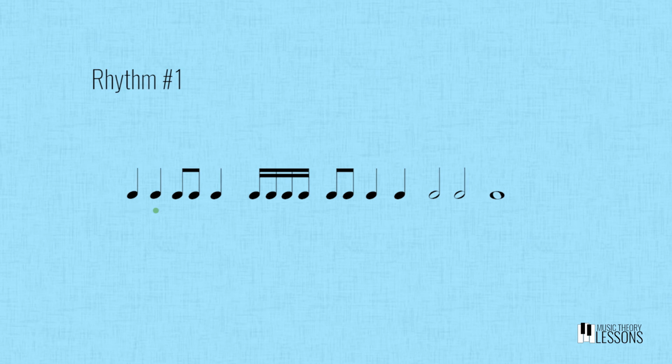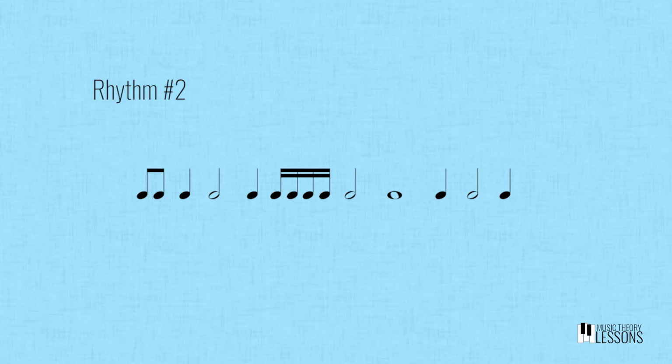1, 2, 3 and 4, 1E and a 2 and 3, 4, 1, 2, 3, 4, 1, 2, 3, 4. Okay, let's try another one. 1 and 2, 3, 4. 1, 2E and a 3, 4. 1, 2, 3, 4. 1, 2, 3, 4.